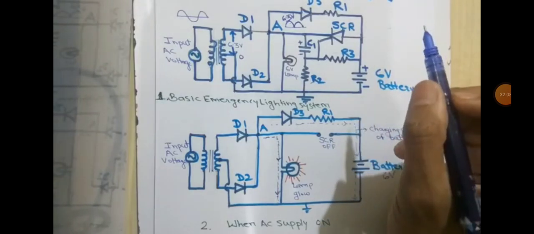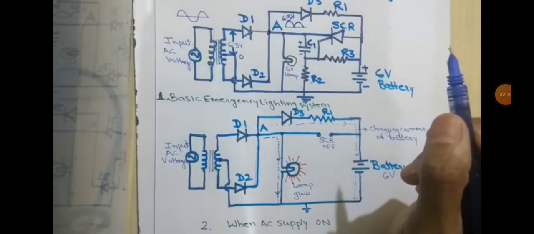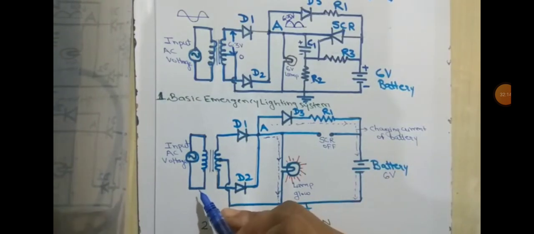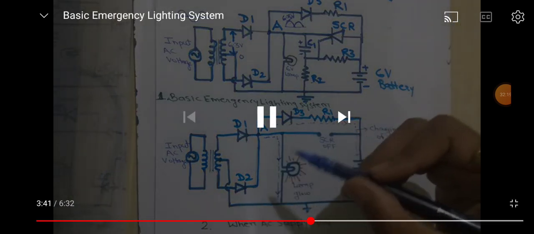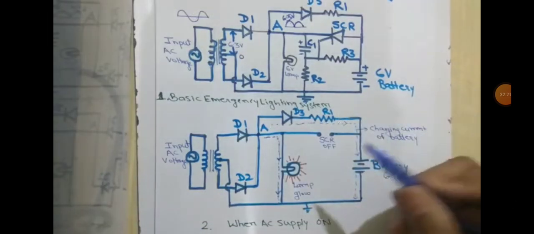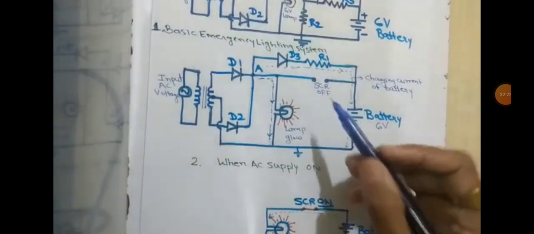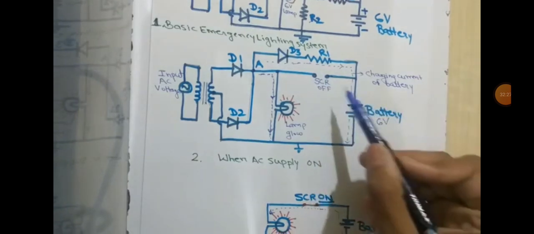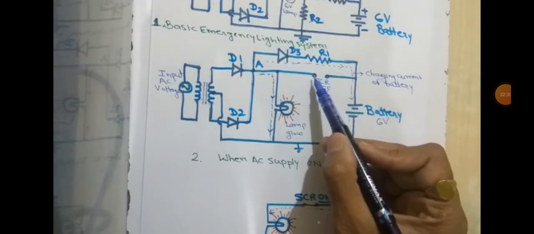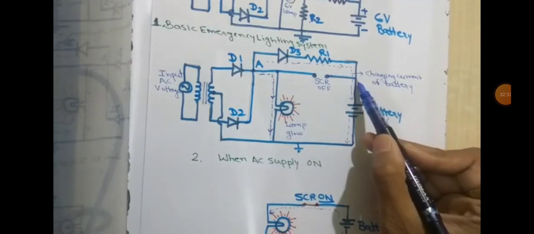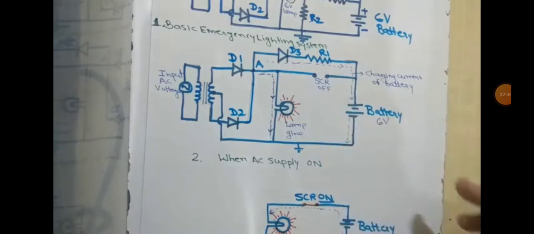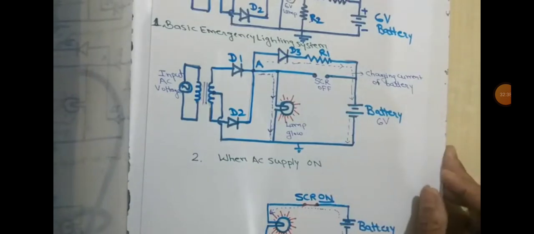Here the SCR is turned off during the input AC voltage being applied to the circuit, and hence this diagram 2 shows that SCR2 is off, because the cathode is at a higher positive potential than the anode, and hence the SCR is off, as shown in the circuit.